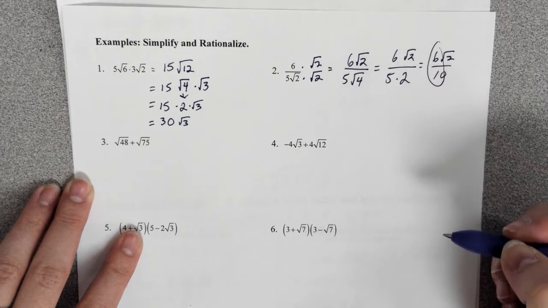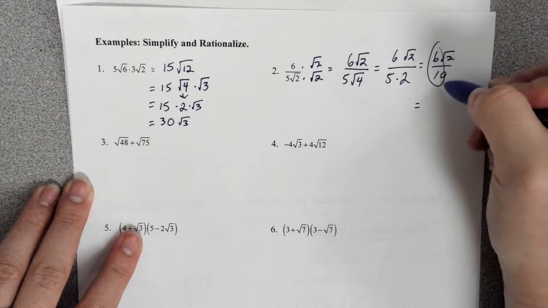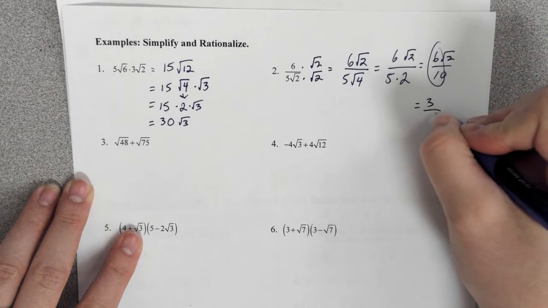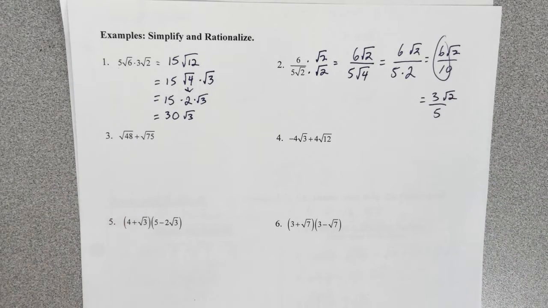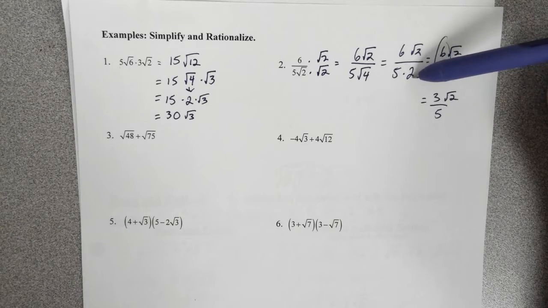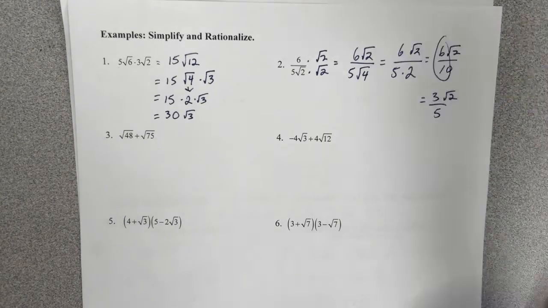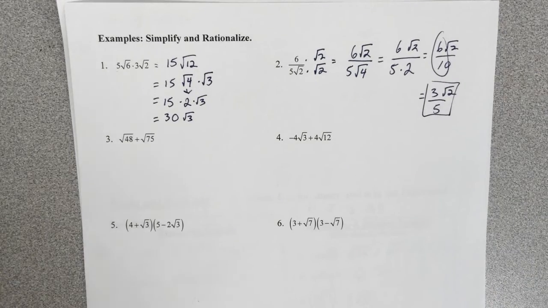Now this can be simplified or reduced like a fraction. So that, if I divide both of these in half, would simplify down to 3 square root of 2 over 5. Now another thing you could have done was divide 6 by 2 here, and that would have taken you directly to that answer. But this would be our final answer here.